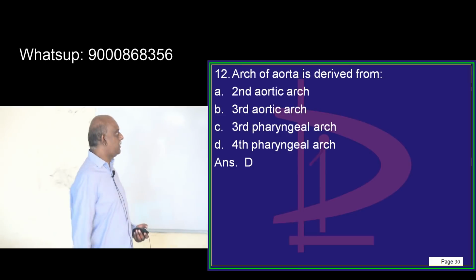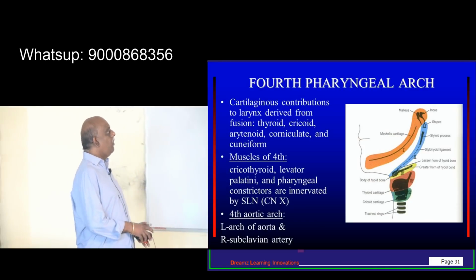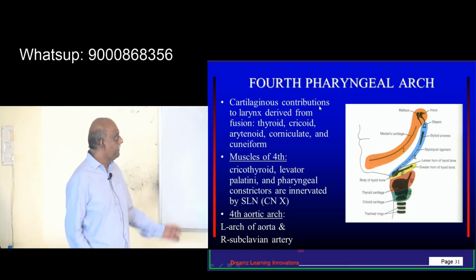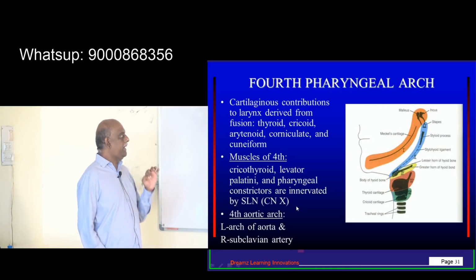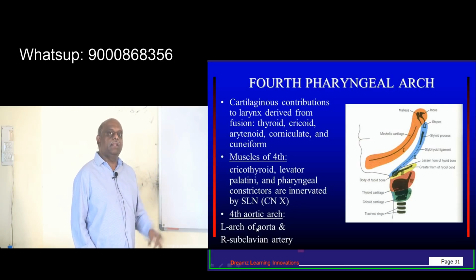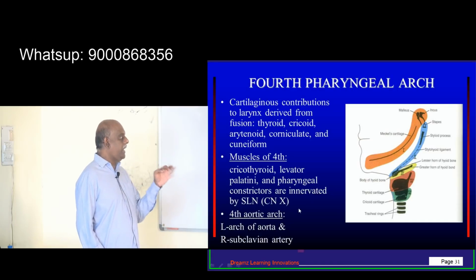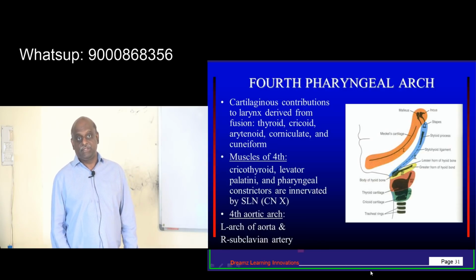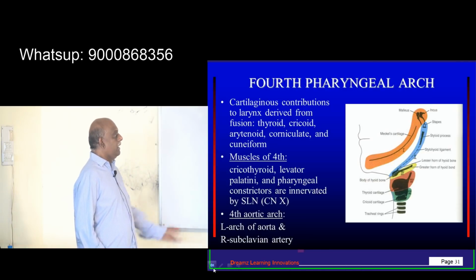Fourth pharyngeal arch. What are the muscles of the fourth pharyngeal arch, doctor? Cricothyroid, levator palatini, pharyngeal constrictors, and it is innervated by cranial nerve 10, the superior laryngeal nerve, which is derived from the vagus, is what you need to remember.